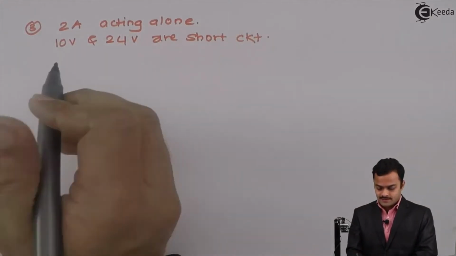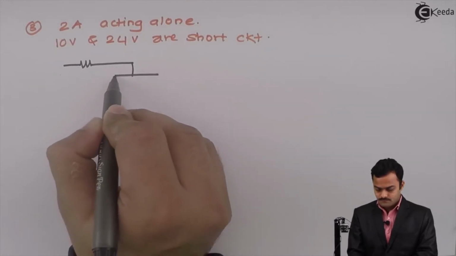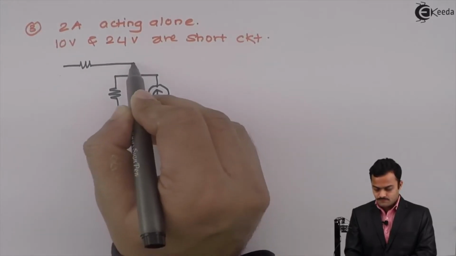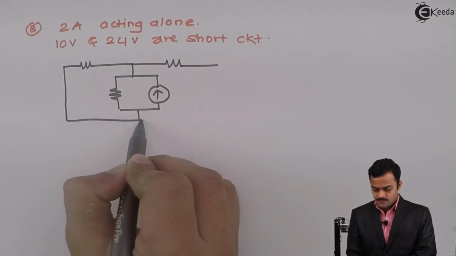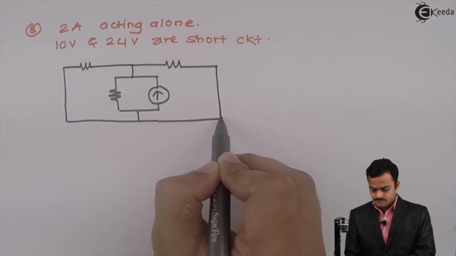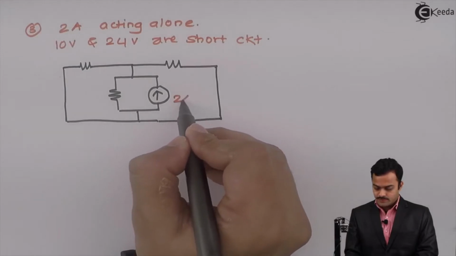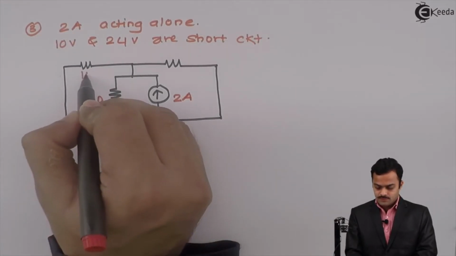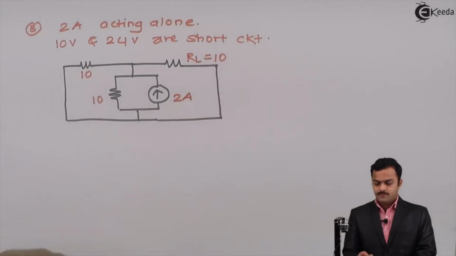So I will get a circuit like this. 24 volt is shorted, and at the same time 10 volt is also short circuited. So I will get this circuit where only the current source of 2 ampere is present and the remaining resistances are 10 ohm, this is also 10 ohm, and RL is also 10 ohm.